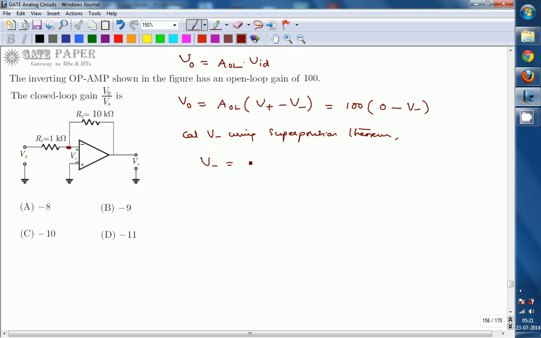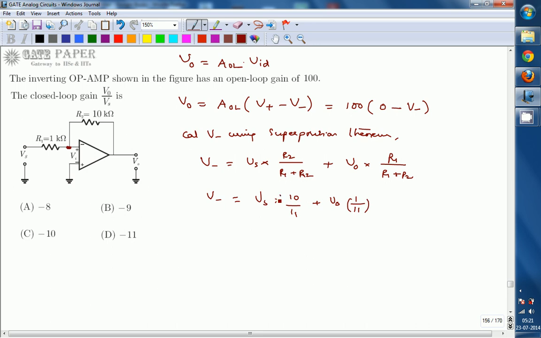So you can write it as Vs times of, if you apply Vs only, R2 divided by R1 plus R2, plus when only V naught is considered, it will be R1 divided by R1 plus R2. So V minus can be written as Vs times of 10 by 11 and V naught times of 1 by 11.